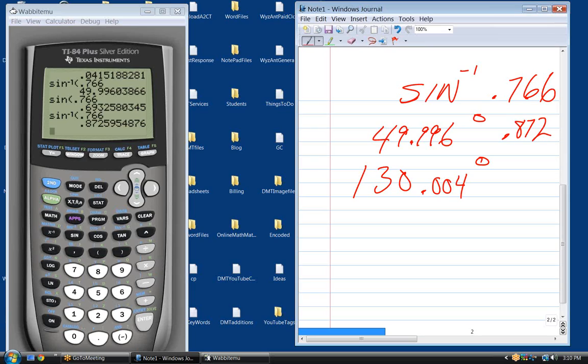Would it be? I don't know. Well, that is an angle there, 0.872 radians. And we know that the supplementary angle is pi minus 0.872.